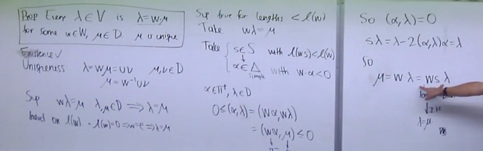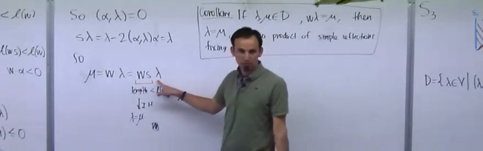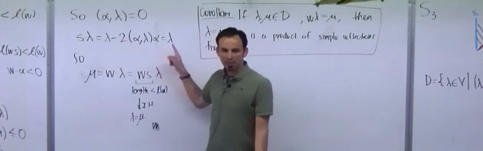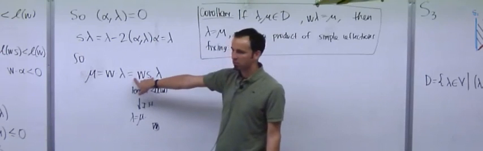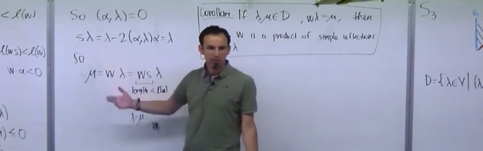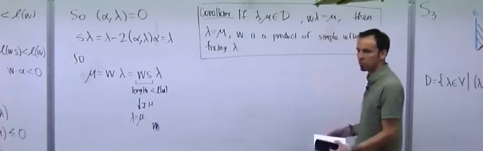And this guy is shorter, which means that by induction hypothesis, WS is a product of reflections such that each reflection fixes lambda. And S also fixes lambda. So W is equal to WS, which is a product of reflections that fix lambda, times S, which also fixes lambda. And so basically this is proved already.